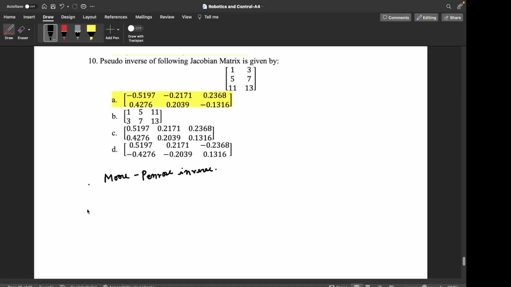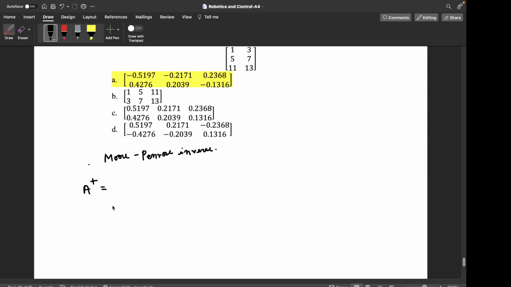We can define the Moore-Penrose pseudo inverse in two ways. First is what we call the left pseudo inverse, and why we call it that will become clear in a moment.